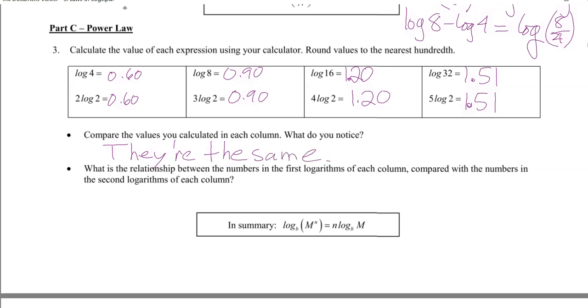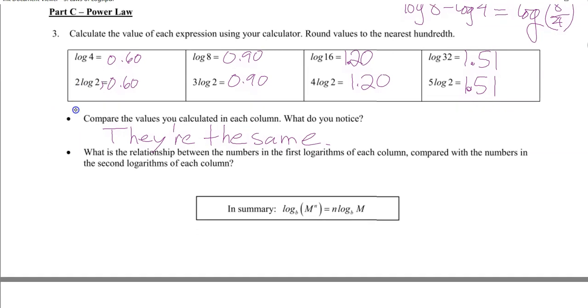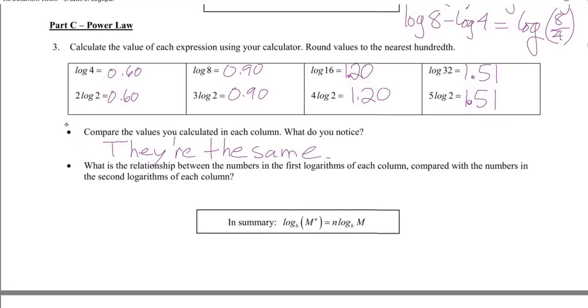What is the relationship between the number in the first log compared with the numbers in the second log? So how does 4 relate to 2 and 2? And if you come up with something like 4 is 2 plus 2, or 4 is 2 times 2, then try that out with 8 and 3 and 2. Or try that out with 16 and 4 and 2.